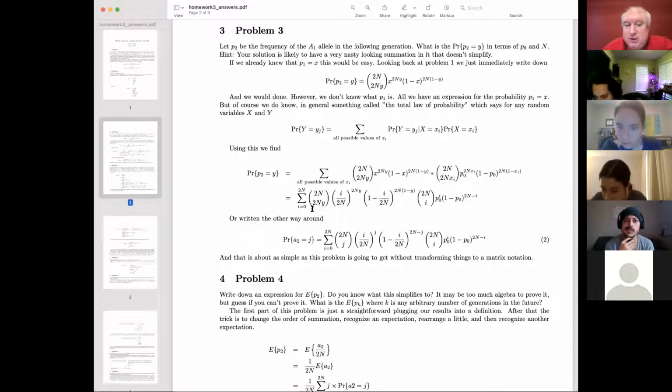So this is simply 2n choose i, p0 to the i, 1 minus p0 to the 2n minus i, summed over all values, times 2n choose this thing.